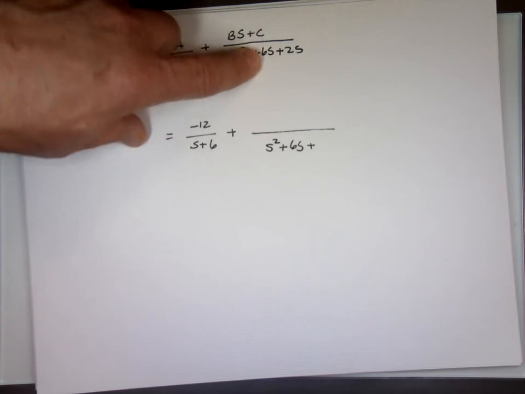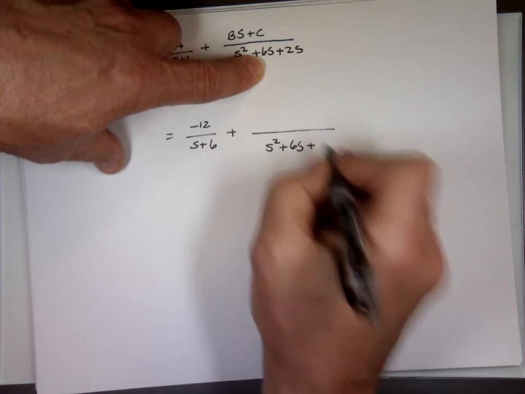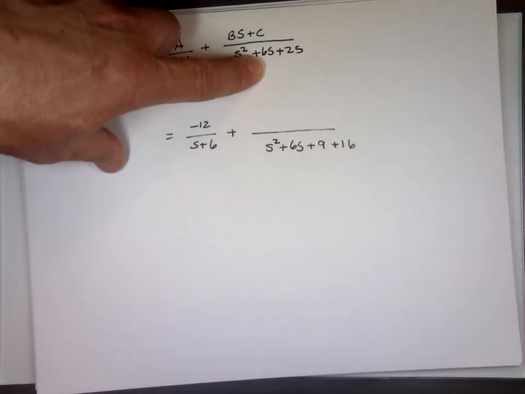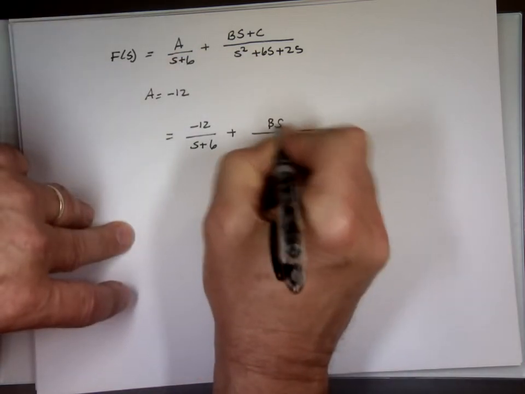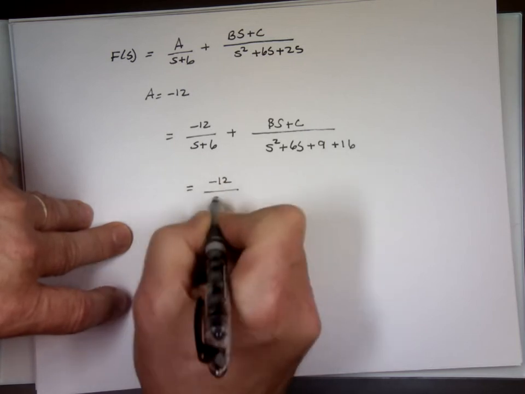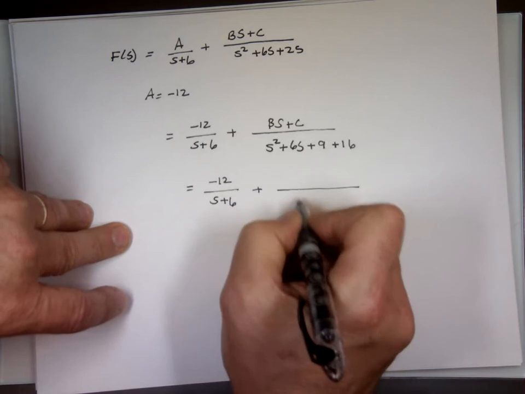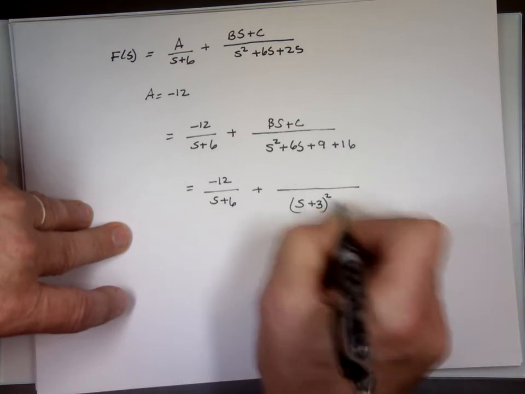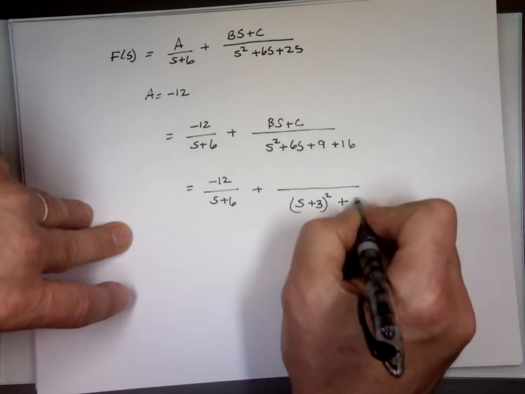When you divide the 6 by 2, what do you have? 3, you square it, that's a 9. 9 plus 16, that's 25. That's negative 12 over S plus 6. Now I'm going to write that S plus 3 squared plus 16, or 4 squared, you know?